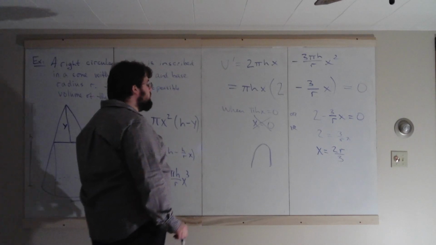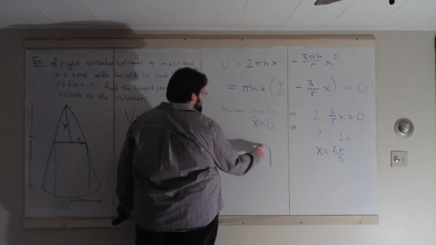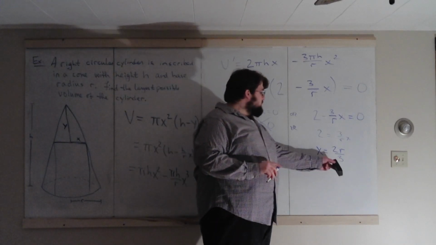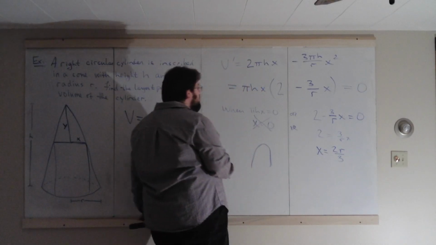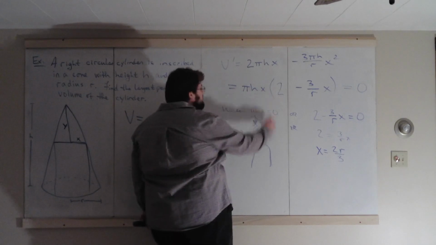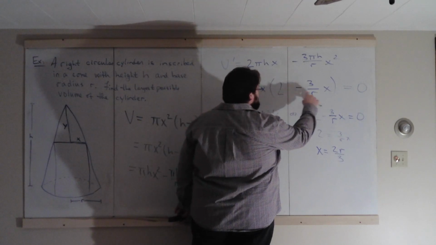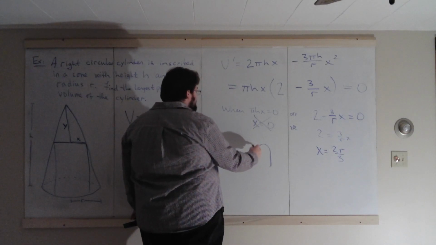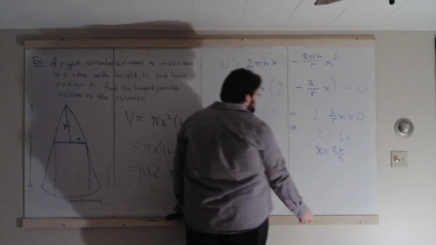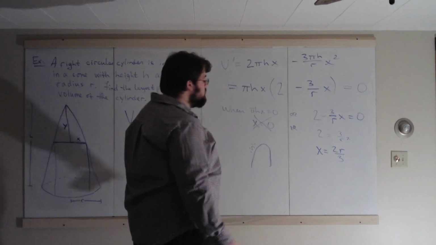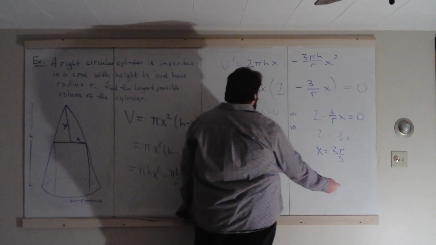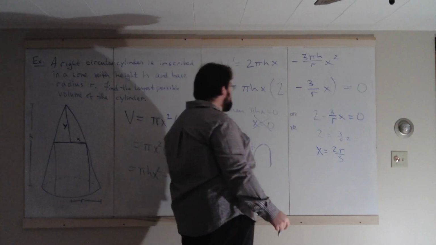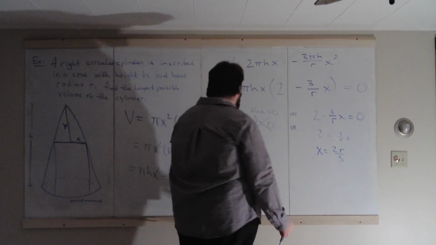If you use the first derivative, you want to show that the first derivative is positive on the left of that and negative on the right. Well, take x equals r over 3. If x equals r over 3, you have positive times 2 minus 1. Positive times positive is positive, so it would be increasing. On the other side, you could choose just r. r is larger than 2/3 r. If x equals r, again, you have a positive, but here you have 2 minus 3, which is negative, so you get that it's decreasing on the other side.